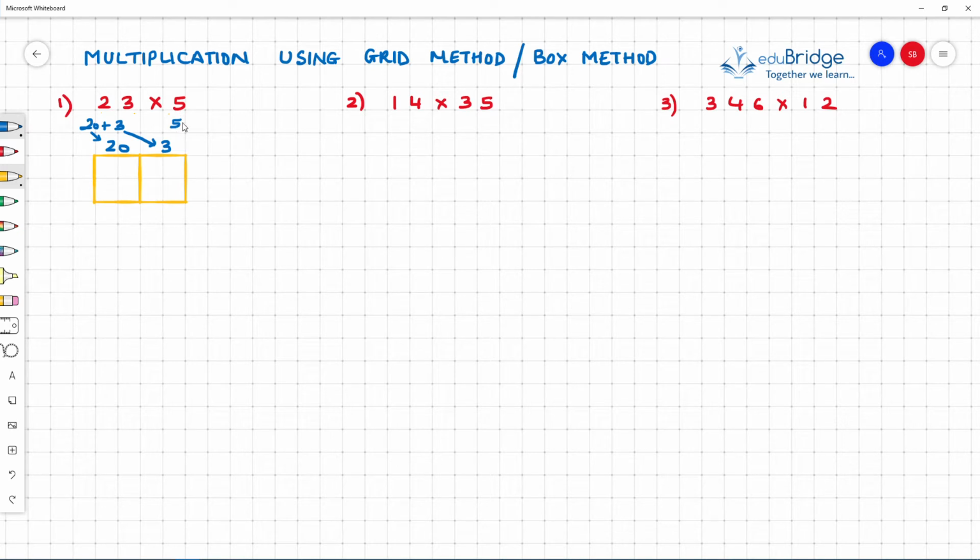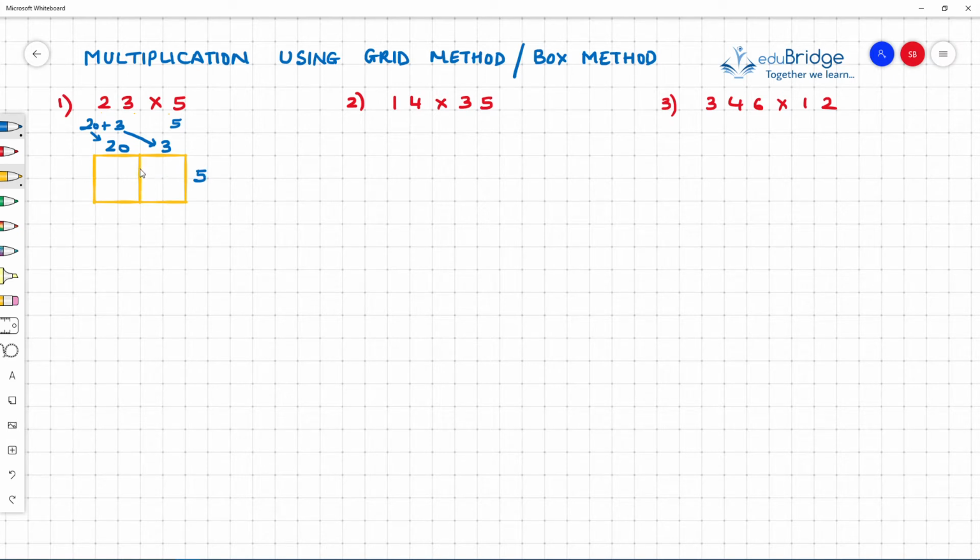This number 5 goes on the other side of your grid. So 20 goes on top of the first box, 3 goes on top of the second box, and 5 goes on the side. You can write it on this side or this side, really doesn't matter.